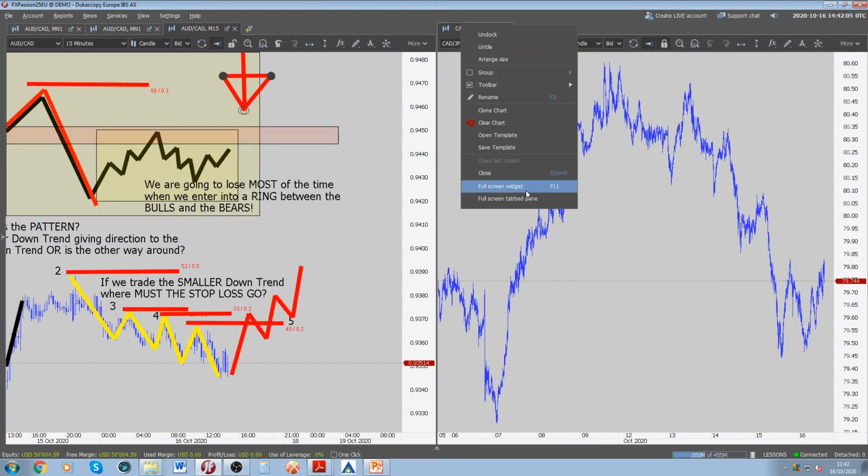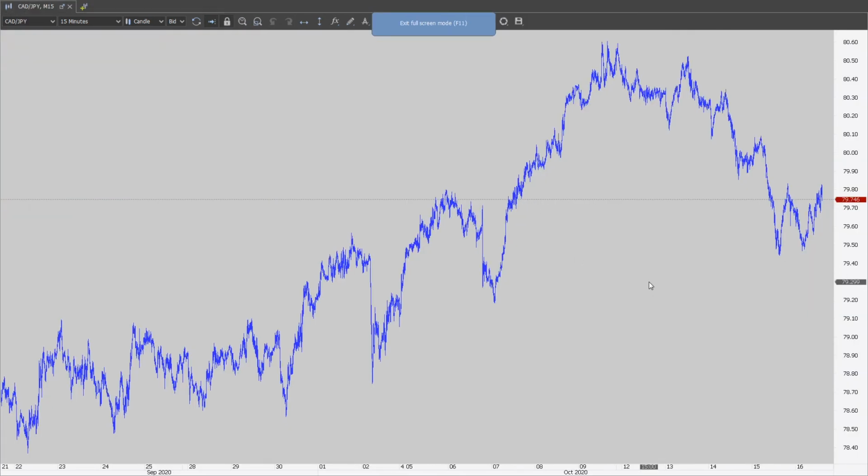What about Canada JPY? What about this one? Should we go long? Should we go short? Try to learn, don't make the same mistake, you know.